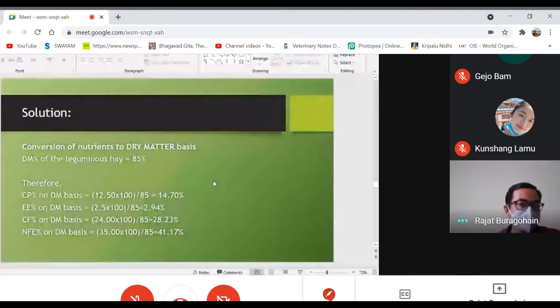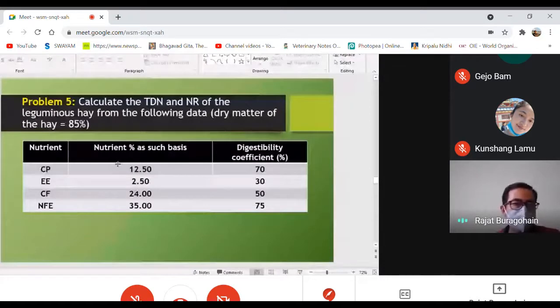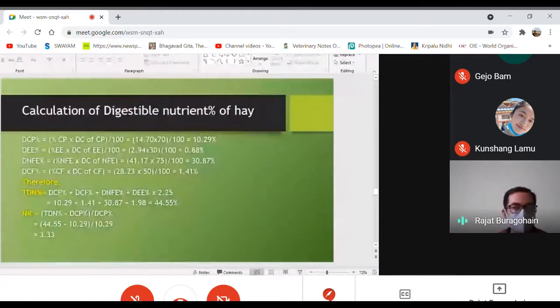After that you can calculate the DCP, DCF, DNFE, and the digestible nutrient percentages of the leguminous hay, since the DC of the different nutrients is already given. After that TDN and NR we can calculate very easily.